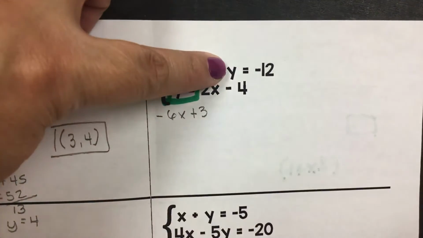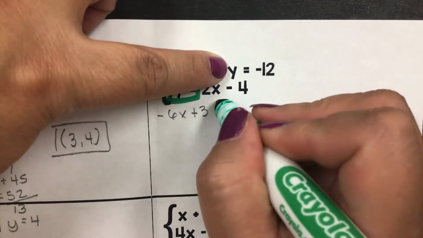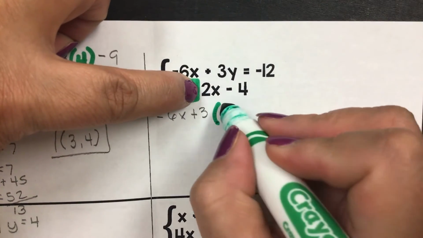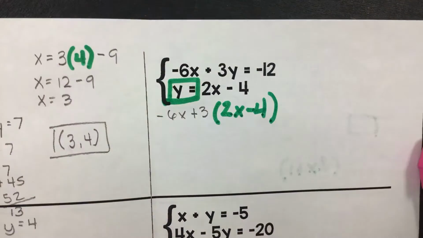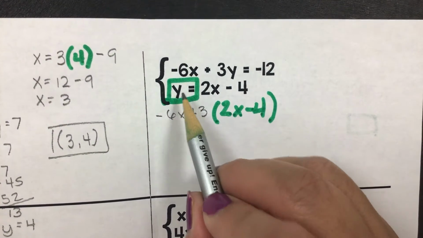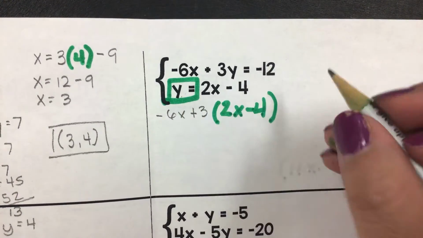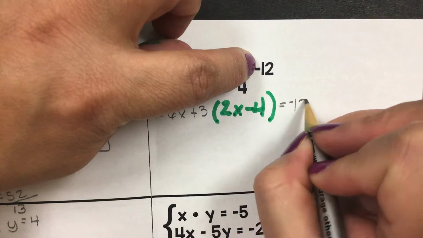And instead of writing the y variable, you're going to substitute in the value for y. And remember on that first one, I had made the mistake of substituting y again. So we've got to be careful. We're substituting y because it's a y equals. And that's still equal to negative 12.